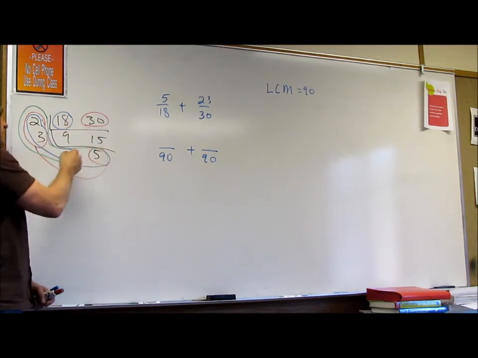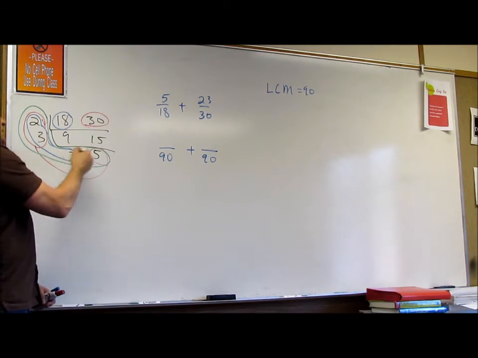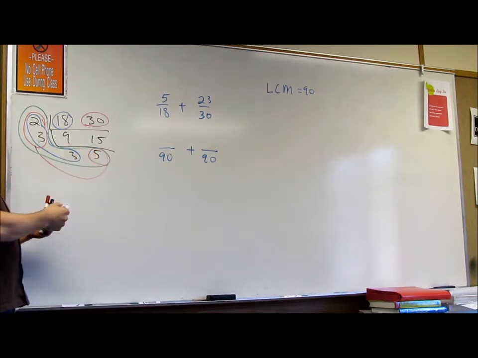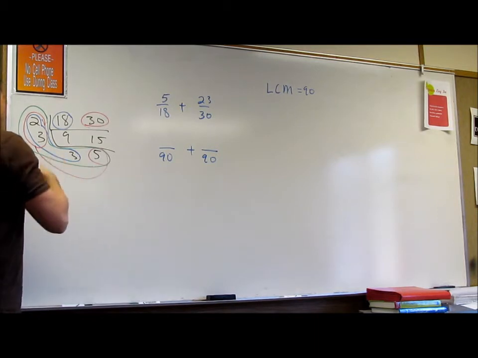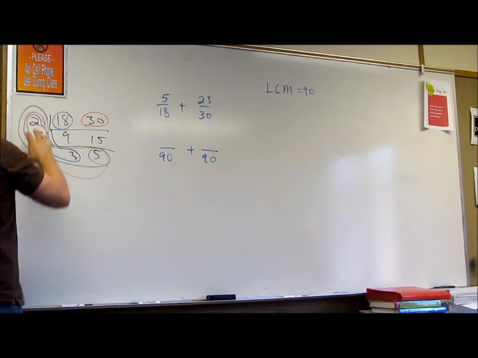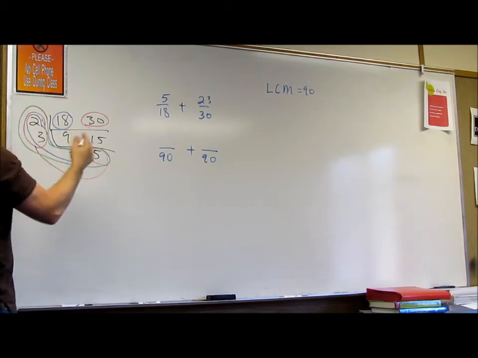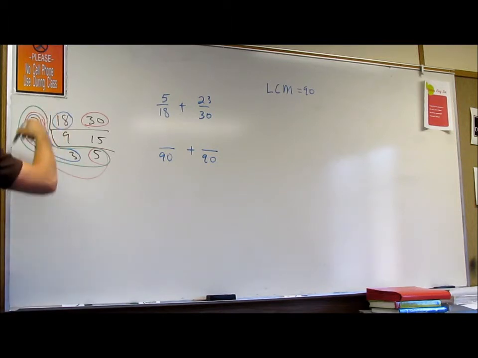Whatever's in the red is times the blue, and whatever's in the blue is times the red. Okay, that isn't already in them. So what's in all of them? So it's kind of like a Venn diagram here. What's in all of them?